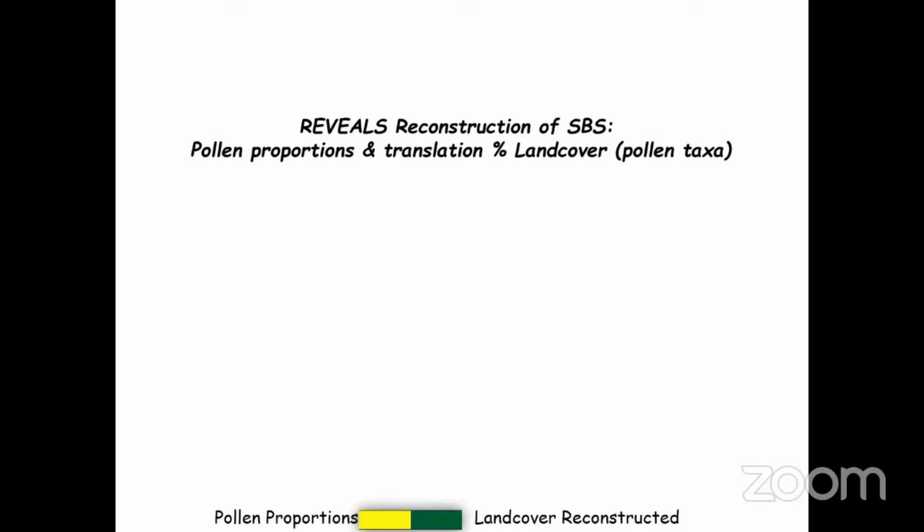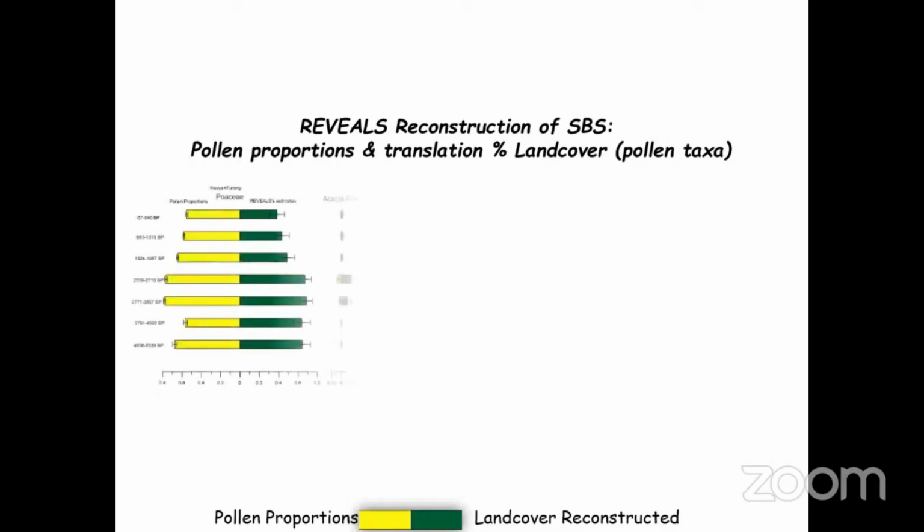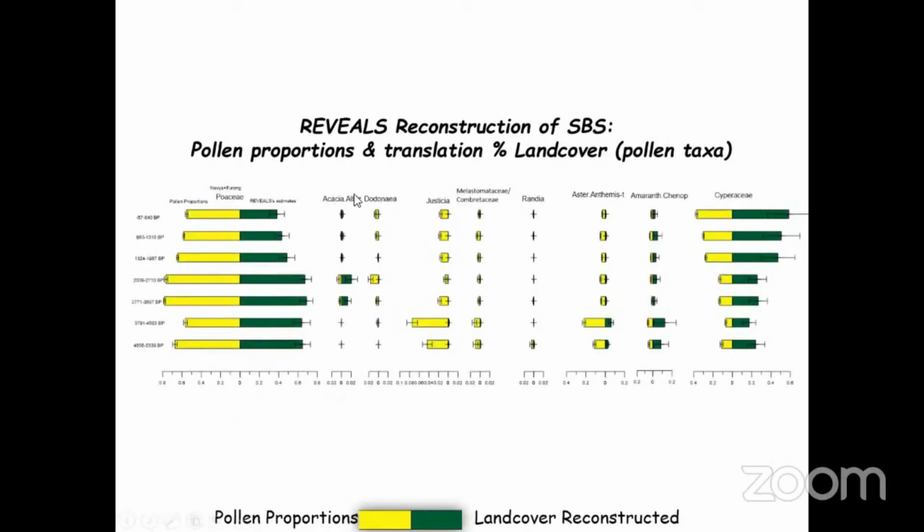but we did all of this work of quantifying the distance-based pollen weightage and getting the relative pollen productivities for some of the taxa. And so we are able to go from the pollen data to the actual land cover. So what you see, for example, is that Acacia albizia is actually underrepresented in the record. This is because of various reasons, because of its productivity, because of its dispersal, because of various other reasons.